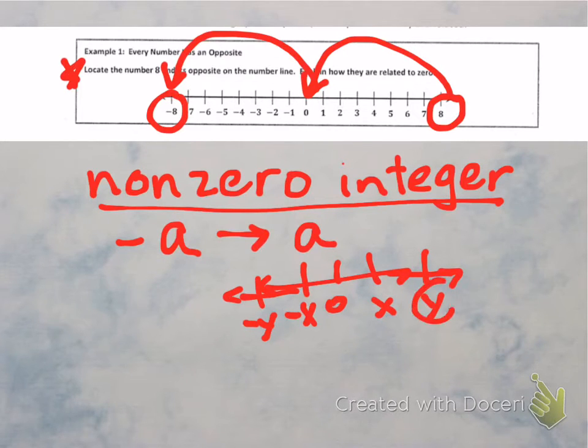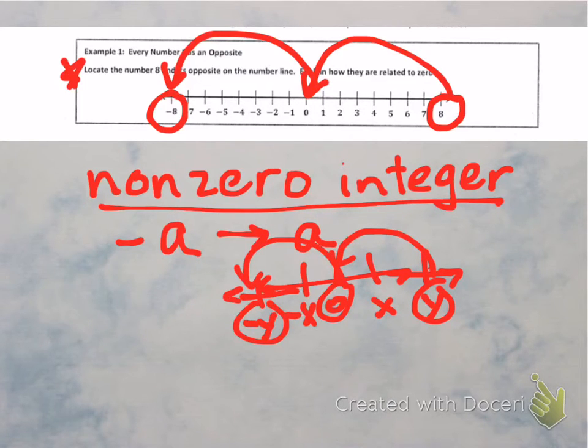So from y to 0, there's 1, 2, 3 spaces, and then from 0 to the other side, negative y. So the opposites in this case would be y and negative y. So you're going to see non-zero integers as well, and the rules apply the same as far as opposites.